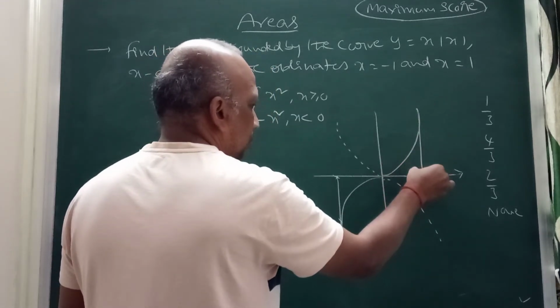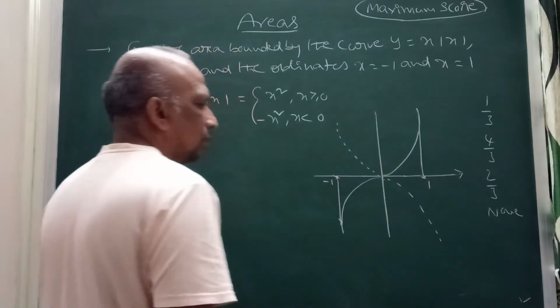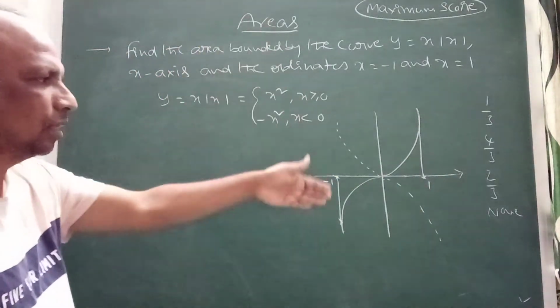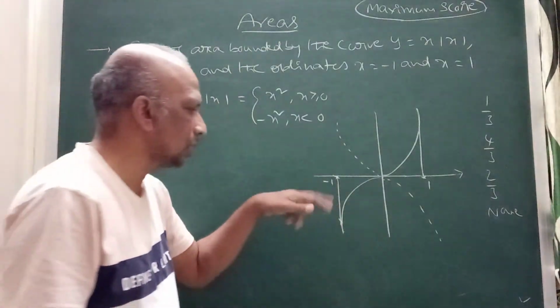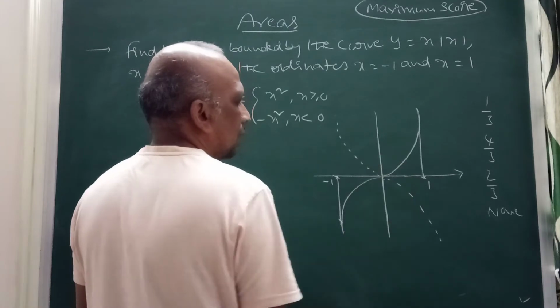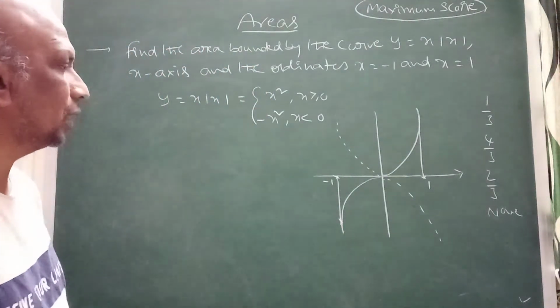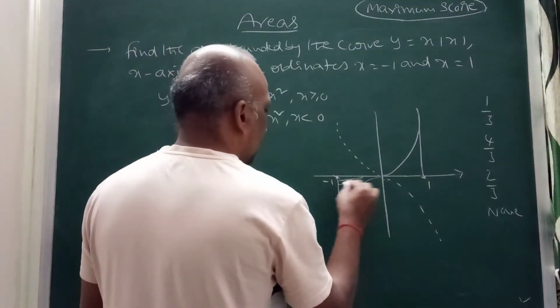Suppose this is minus 1, this is 1. I can extend the lines at minus 1 and at 1. So they are asking for the area in between, with the x-axis. So this is the required area.